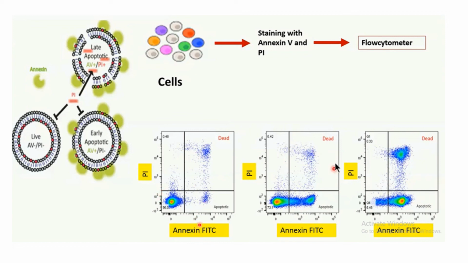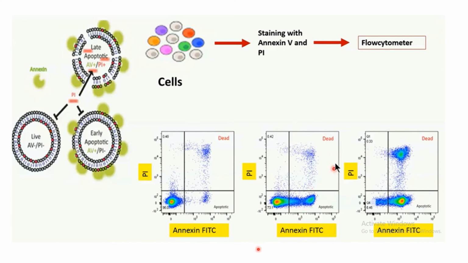That means they are our healthy and live cells, right? These are the cells which are only AV positive and PI negative. They are early apoptotic cells, and these are the cells which are positive for both AV and PI. So they are dead because of apoptosis. The machine can calculate the percentage of all these cells.